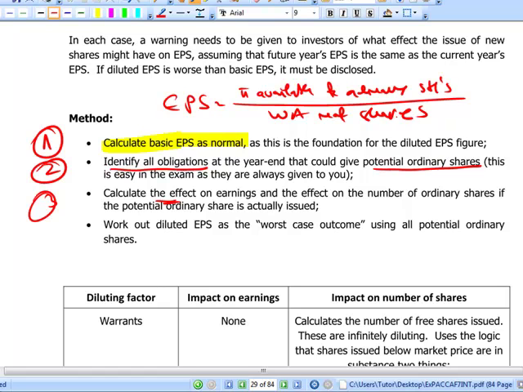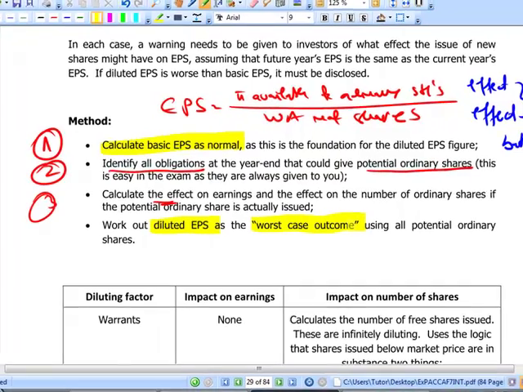So whenever I have a convertible instrument, okay, or warrants, okay, I have to take into account the effect on the profit and the effect on the number of shares, or both. And we will calculate the diluted EPS for the worst case scenario, meaning the most dilutive effect.